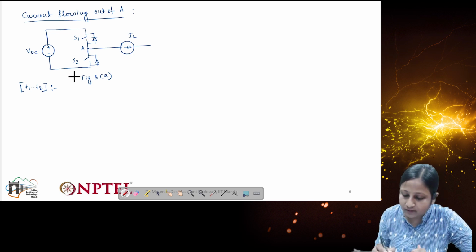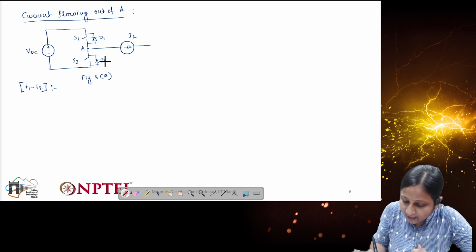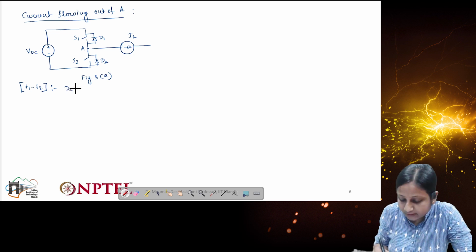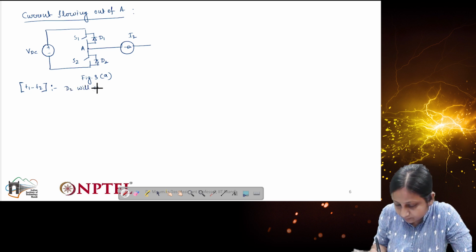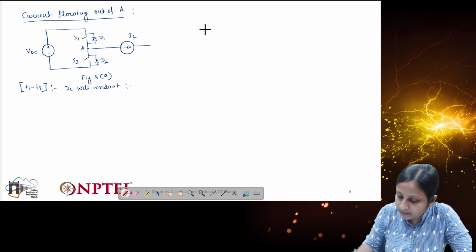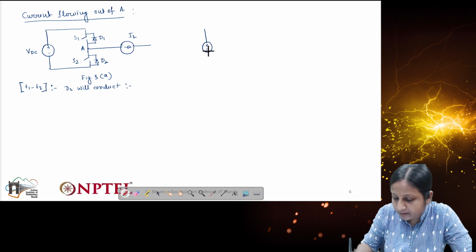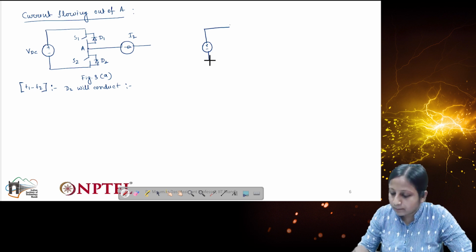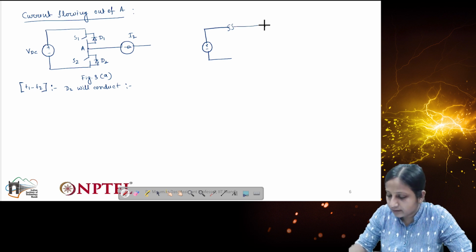So dead time is given, which means what? As the diodes are connected this way, the diode D2 will conduct in this case. I can show you this in the similar diagram. VDC will be here, and then this network will be completing through another path, and this current will be flowing through diode D2.